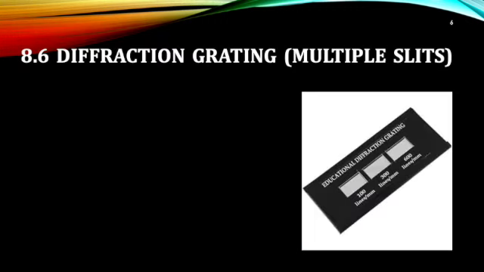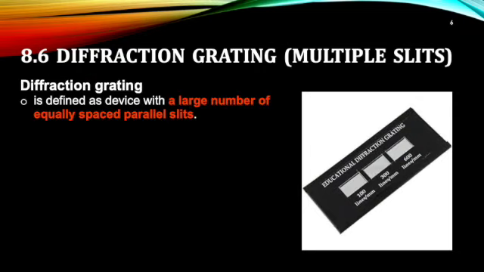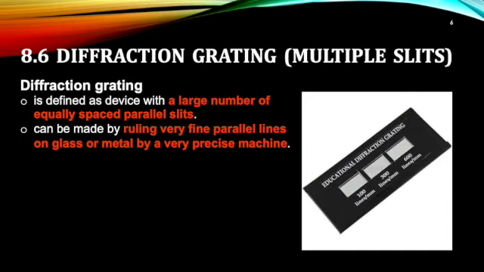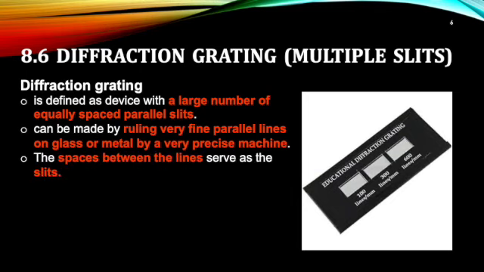Last subtopic, diffraction grating, multiple slits. A diffraction grating is a device with a large number of equally spaced parallel slits, as shown in the figure. This diffraction grating can be made by ruling very fine parallel lines on glass or metal with a very precise machine.